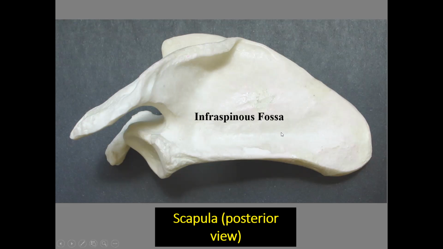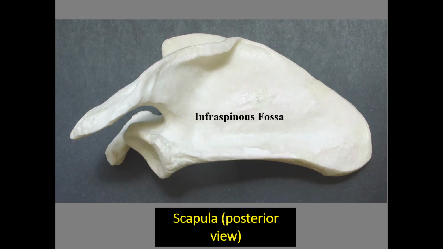So the infraspinous fossa. Now, it's real important to remember these names, because depending on whatever kind of healthcare you're going into, obviously knowing bones is very important. The infraspinous fossa is where we find a muscle located that shares its name. The muscle is called the infraspinatus, the muscle below the spine.